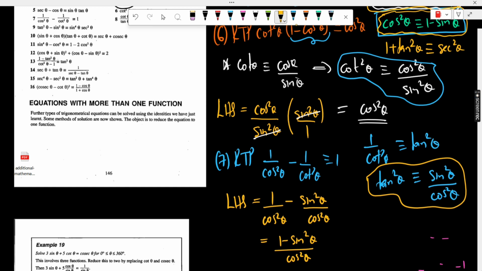And basically, from our trig identities, 1 minus sine squared theta is equivalent to cos squared theta, and that is divided by cos squared theta, which of course is equal to 1. All right, so that one is proven there.